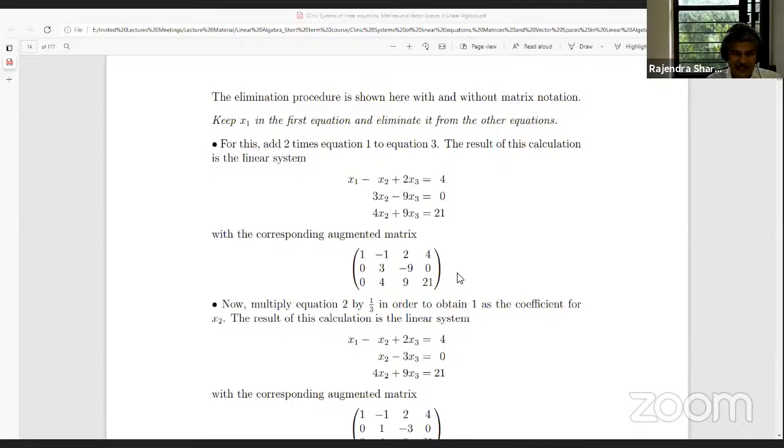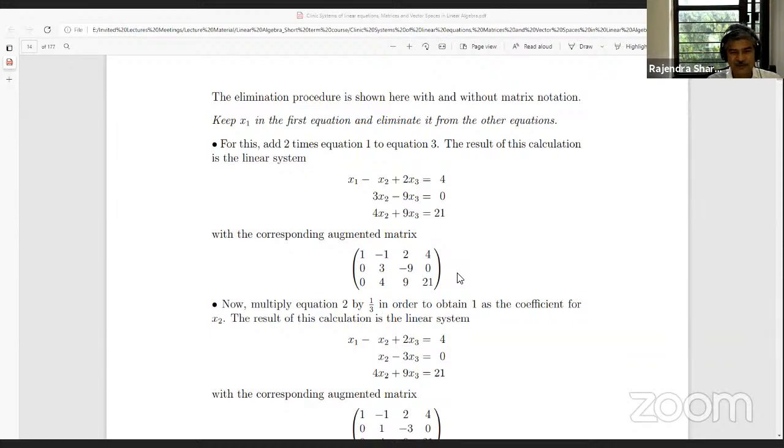One more operation: multiply equation 2 by 1 by 3, that means divide by 3, in order to obtain 1 as the coefficient of x2. The result is yet another system of linear equations. Since we are doing this operation with equation 2, the first and third equations stay as they are, and equation 2 will change.